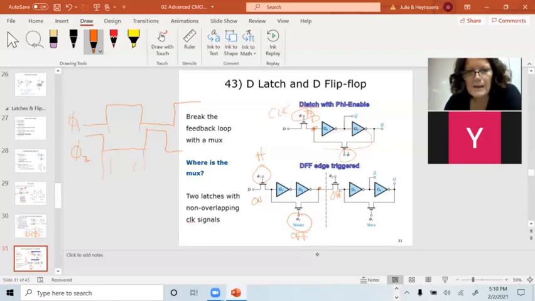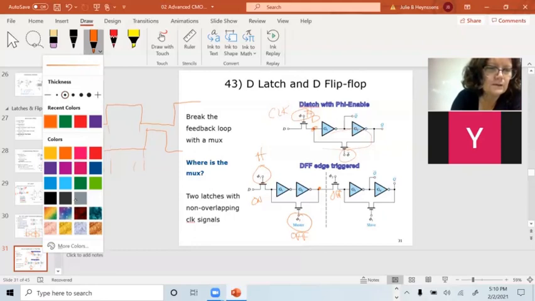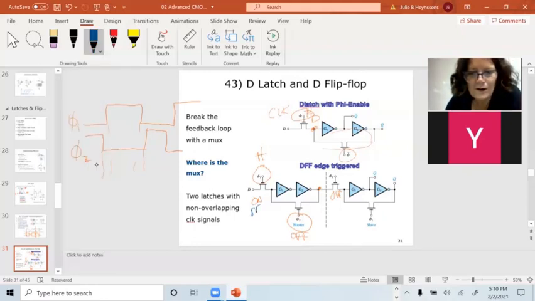Okay. Then what happens next? Phi 1 goes off. And all of them are off at once. And then later on, I turn phi 2 on.